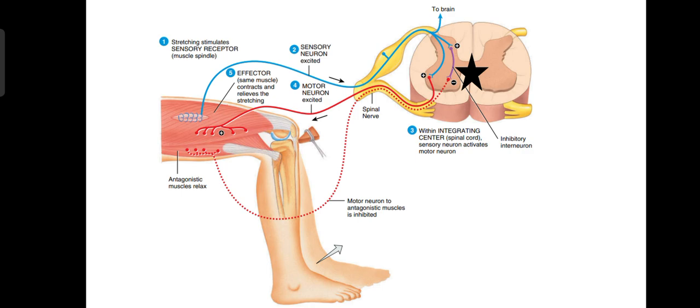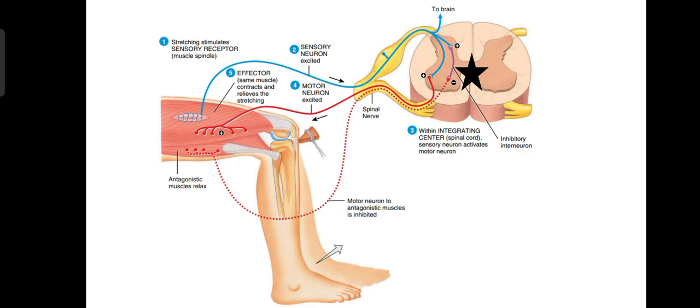So this is called reciprocal inhibition. Because the muscles in the limbs, as you know, work in opposite pairs, they have antagonistic actions. If I have to contract this muscle, I have to relax the antagonistic muscle.